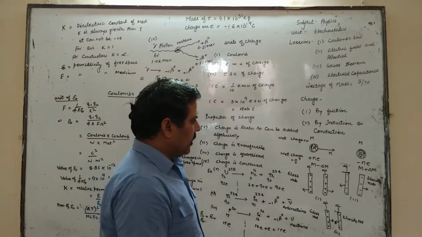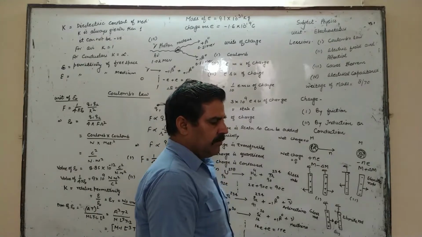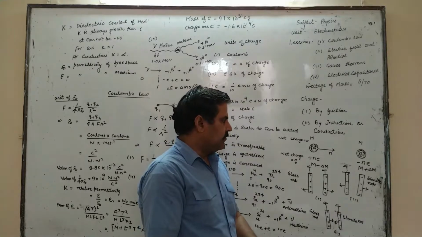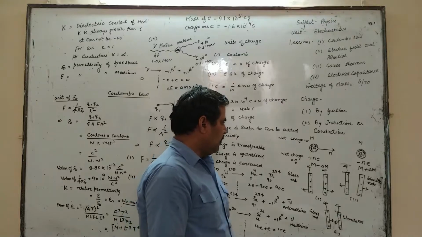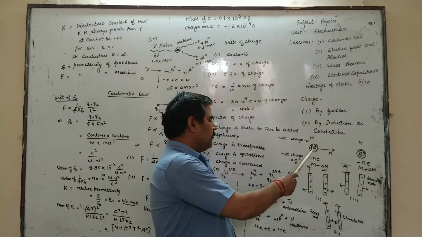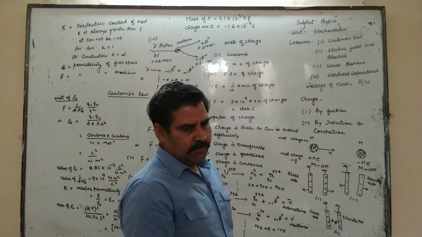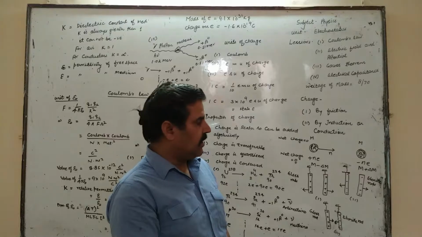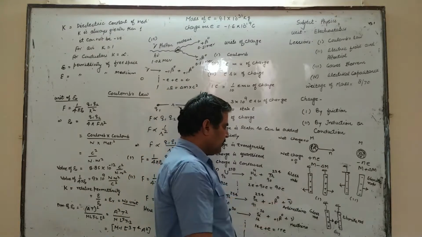Point to remember is that before rubbing, total charge on bodies A and B was 0, and when they are rubbed and transfer of electrons has taken place, the positive charge developed on A is equal but opposite to the charge developed on B. Therefore again total charge is 0.